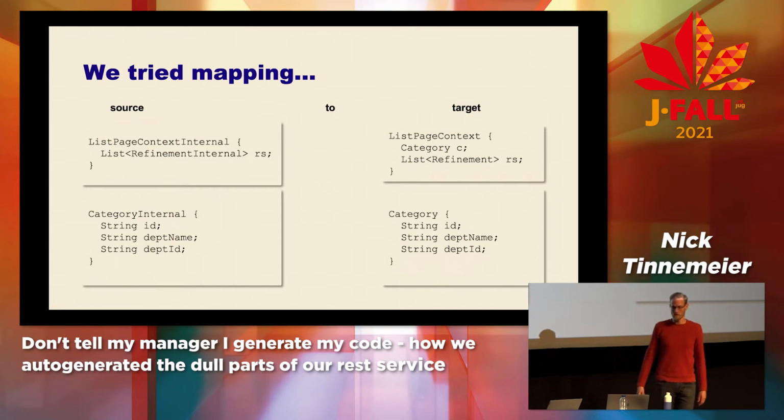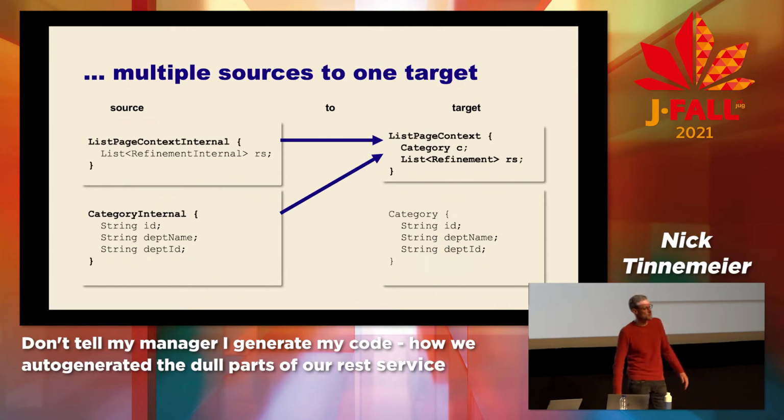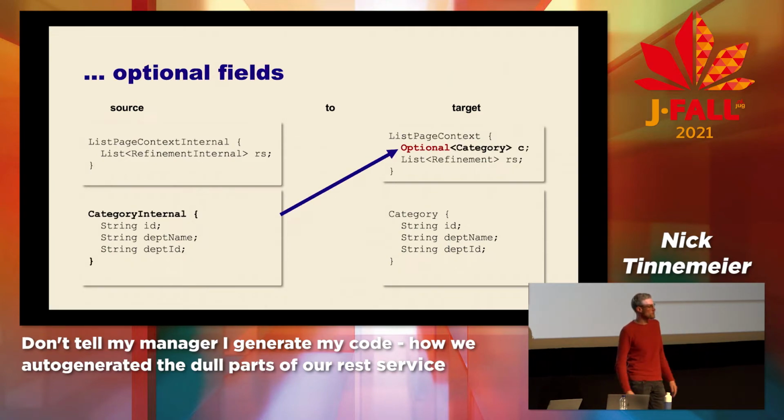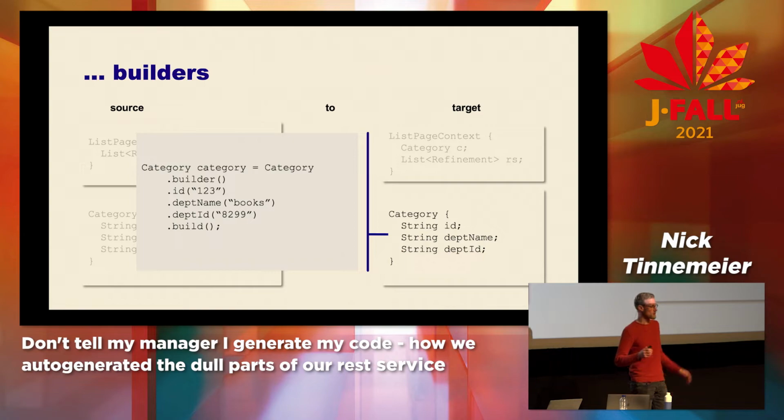In particular, we tried mapping our REST service domain model, the list page context and the category context internal, to their counterparts that live in the library. And we just played around with it a little bit. In particular, we tried mapping multiple sources to one target, mapping optional fields, mapping object hierarchies, and of course builders, because we were so happy with them, so it should support at least builders.